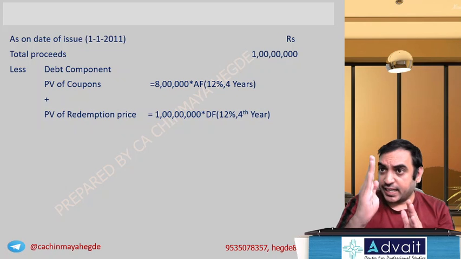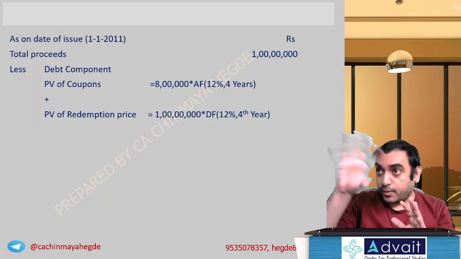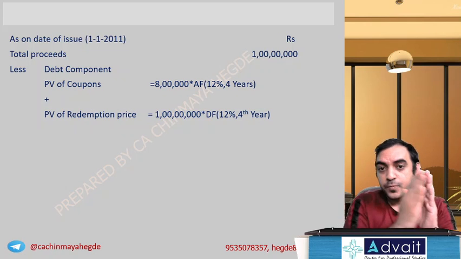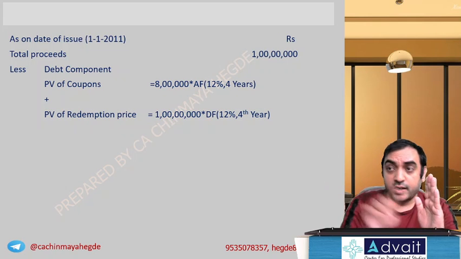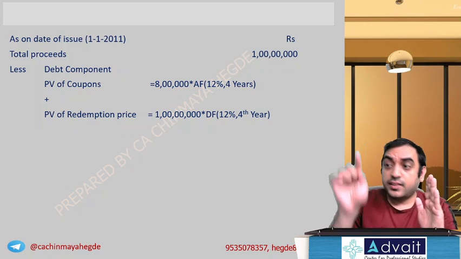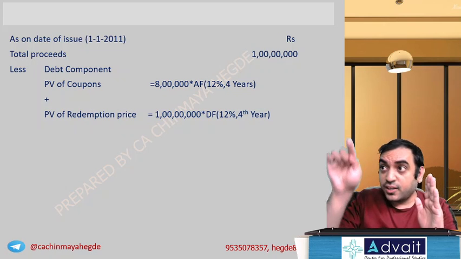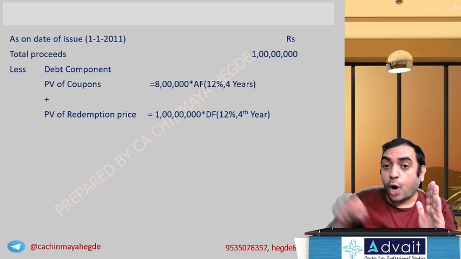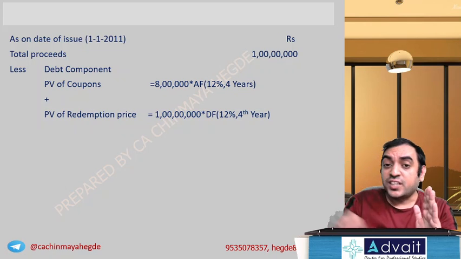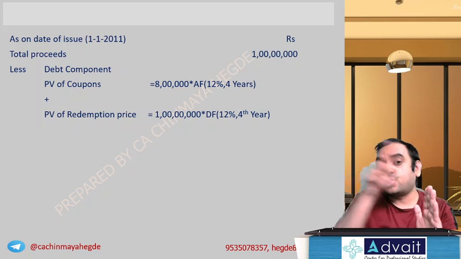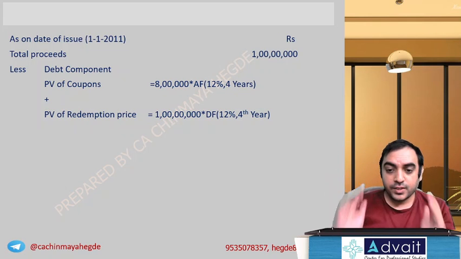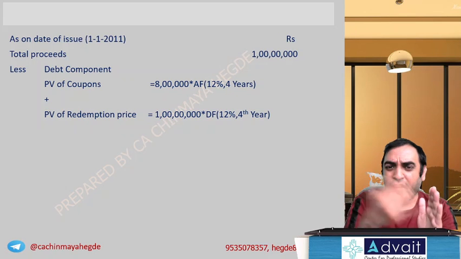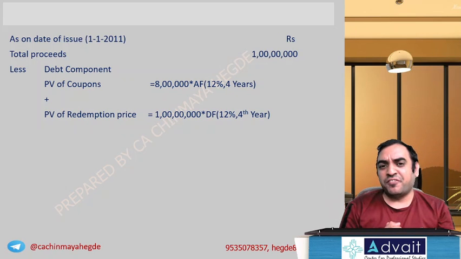8 lakh, 8 lakh, 8 lakh, 8 lakh, and in the last year 100 lakhs, totally 108 lakhs, and all of them discounted. So today's value: the first 8 lakh discounted, second 8 lakh discounted, third 8 lakh discounted, last year 108 lakh discounted, because these are all obligations to pay cash if this was a pure financial instrument. Because coupons are every year, to bring them to present value we can use the annuity factor.